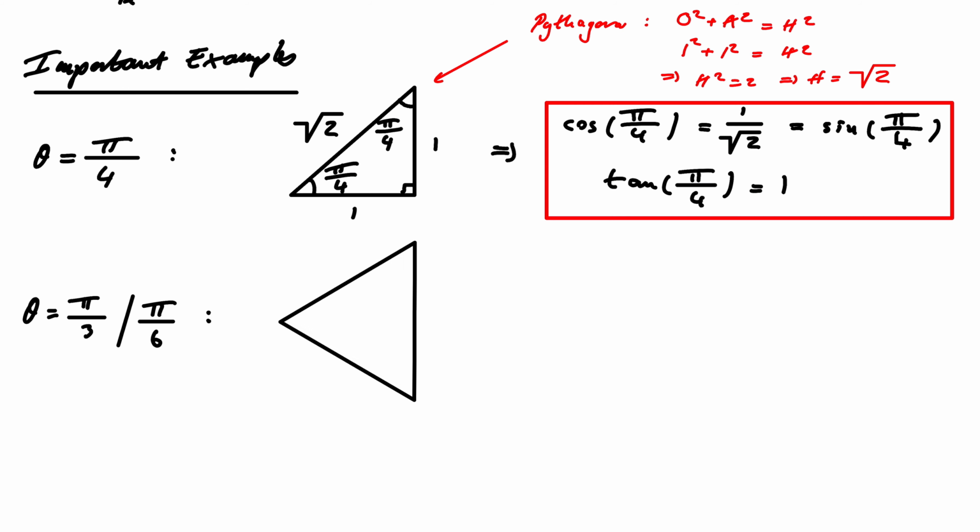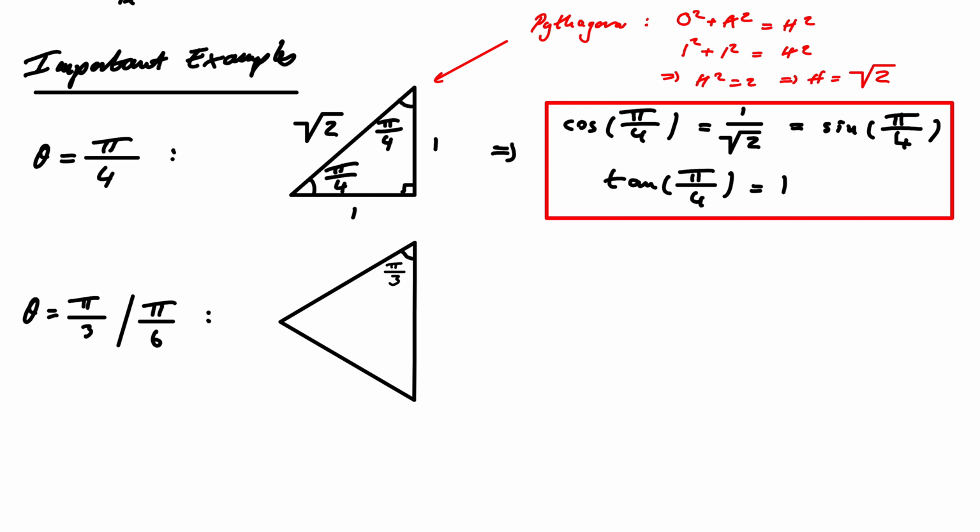So this is an equilateral triangle. So if this is an equilateral triangle, all the internal angles are the same. So in particular, up here, this internal angle would be pi over 3. Wouldn't it, right? So that would be pi over 3.